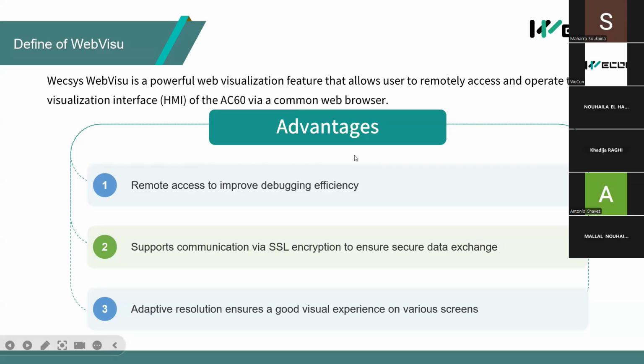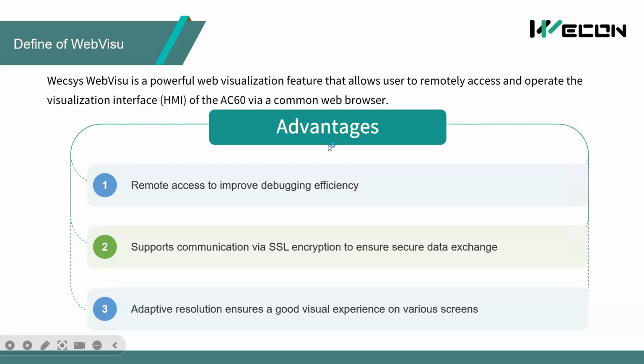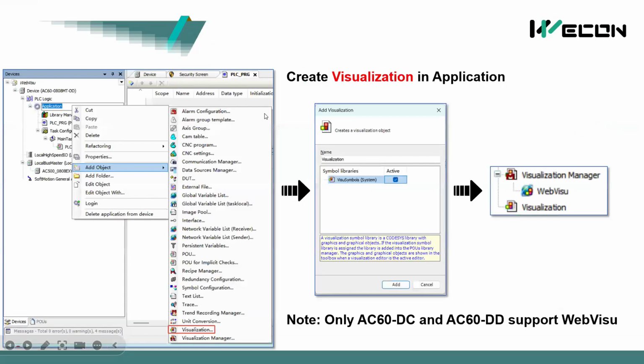So let's directly check how to configure this web visualization function. First, in the device management, we right-click application, add object, and here we have one visualization and the visualization manager.